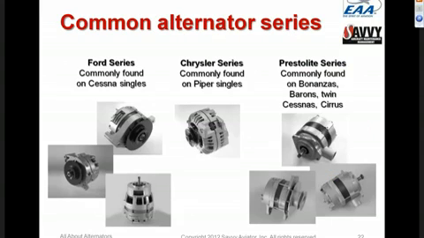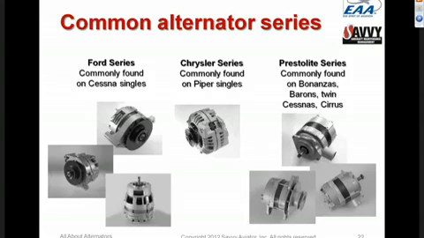There are several series of alternators commonly found on certificated aircraft, and since most of them are derived from automotive alternators originally, they're often called by automotive names. The left three photos show what's called a Ford series alternators that are commonly found on Cessna single engine aircraft.